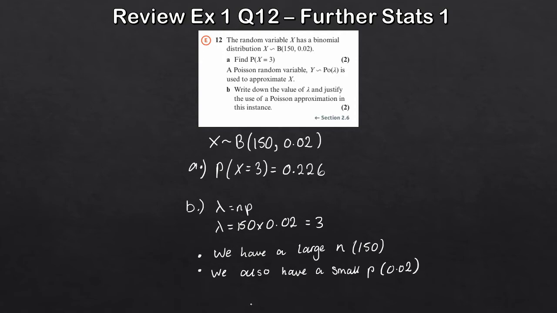So therefore what we would say is, because both of the conditions are satisfied here for our approximation, the approximation is justified. Okay, so those are the two conditions you're looking at, a large n and then a small p. And that wraps that question up, so quite a nice easy, pretty short one there.